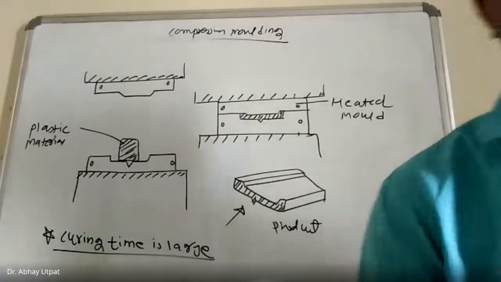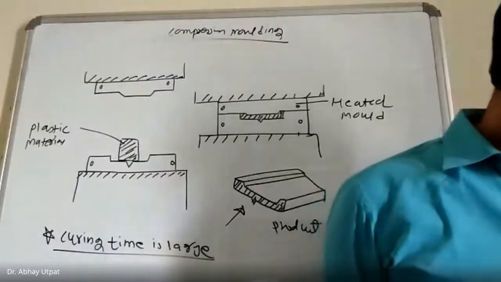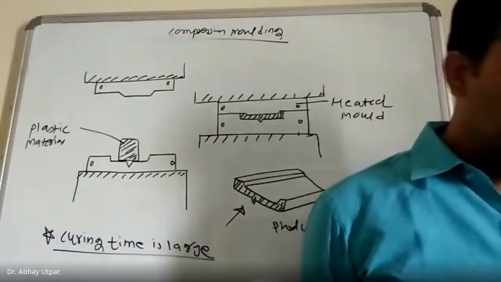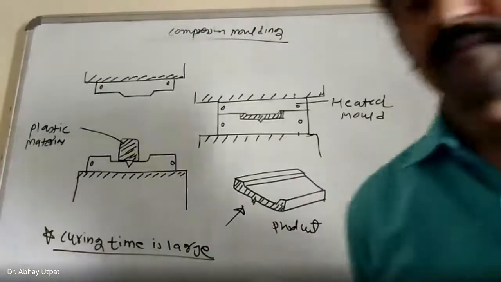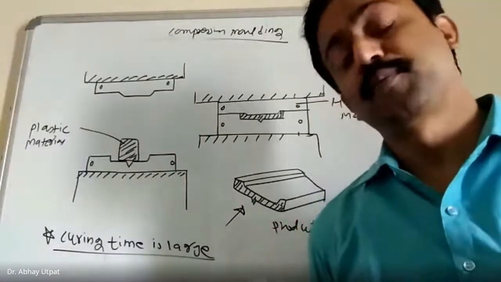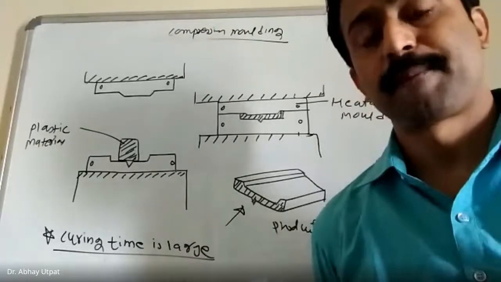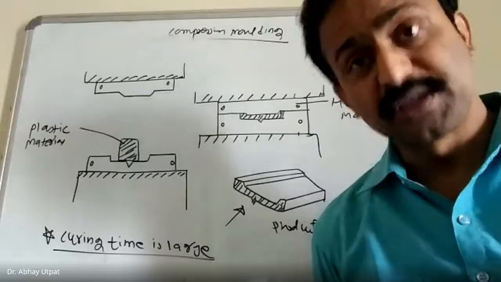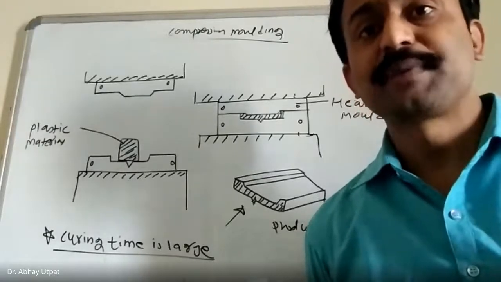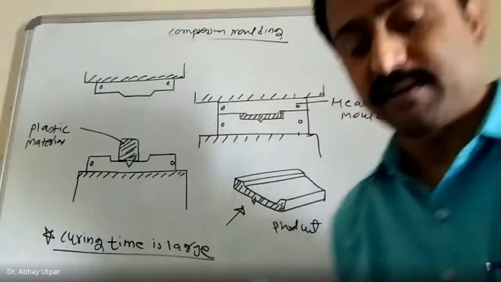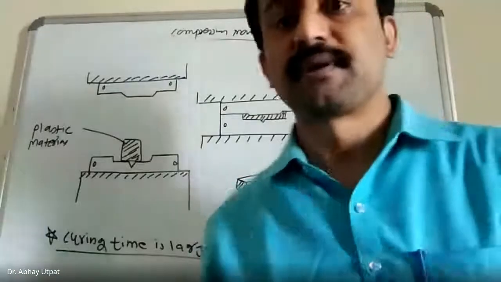Uneven parting line may be present. And what you can make more important, the third disadvantage? As this is thermoset, try to understand. Scrap cannot be reprocessed. Make a star and write. I hope you understand the meaning of this third statement.